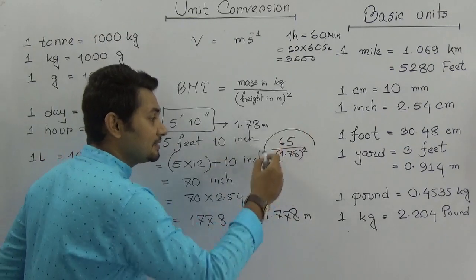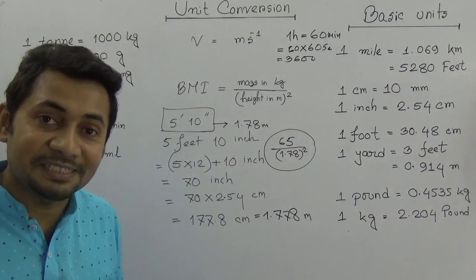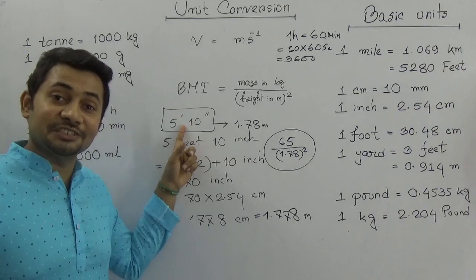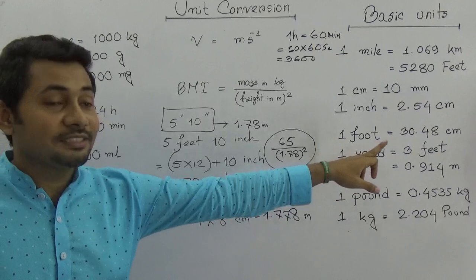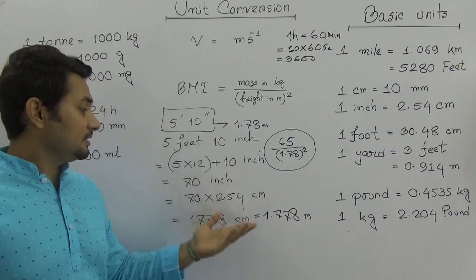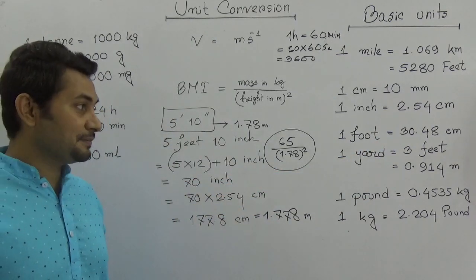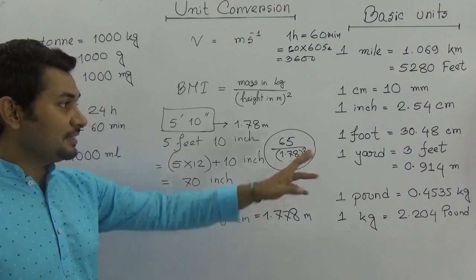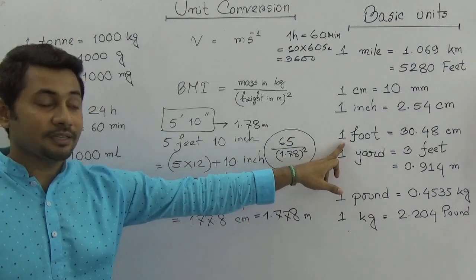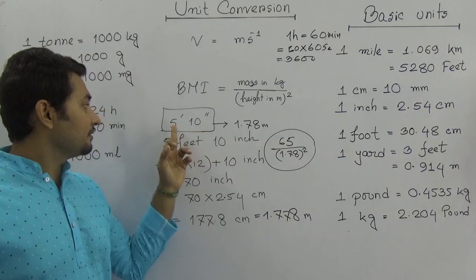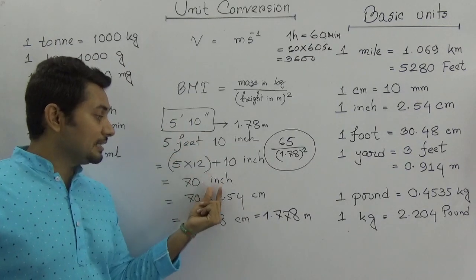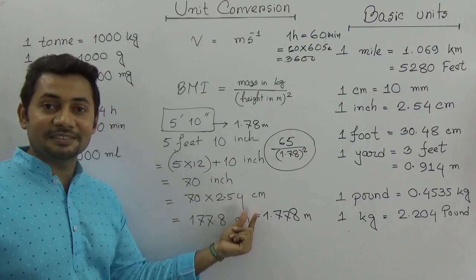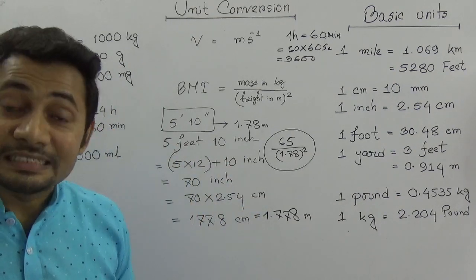So we can find the BMI. But previously the height was given in feet and inches, so what we did, we got from feet to centimeter or feet to meter. Okay? Hopefully things are very simple.